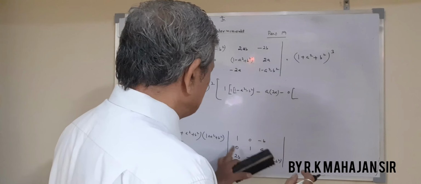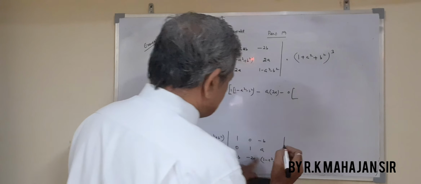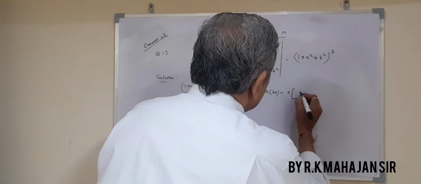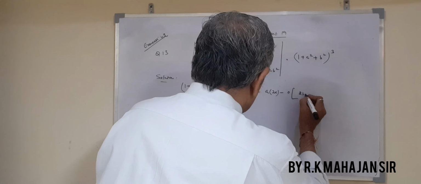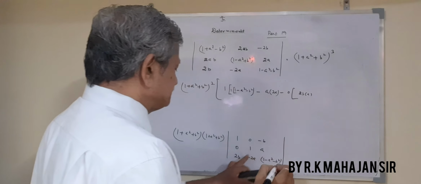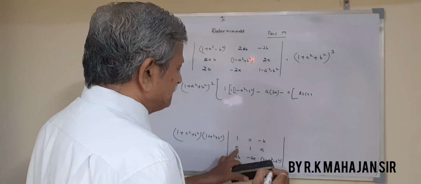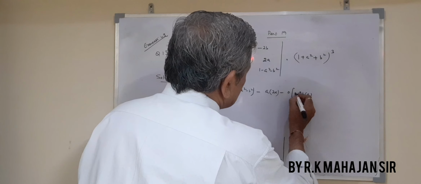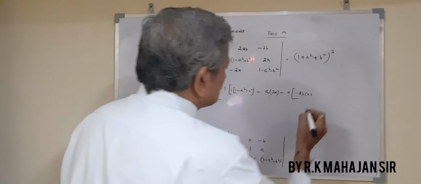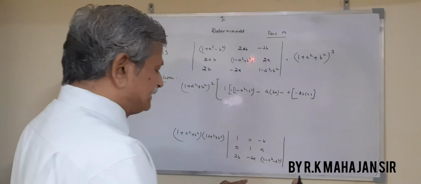So 0 into, if you cut this and cut this, you would find 0 into this will be 0, and 2b into a. Now the second part, 2b into a, because the first part goes to 0, and this will be with minus sign. So this goes to be 0, because 0 multiplied with some part gives you 0.